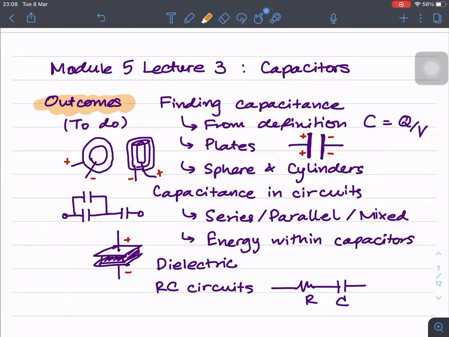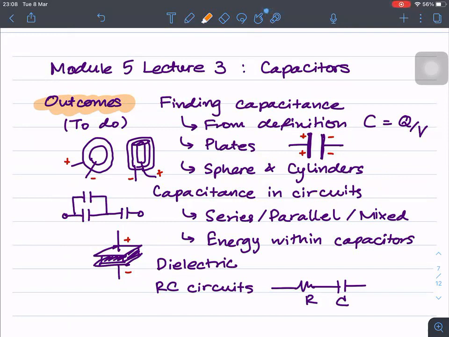And then from finding the values of capacitance for one capacitor, we will move to consider the capacitance in circuits where the capacitors can be connected in parallel, or in series, or in mixed circuits.